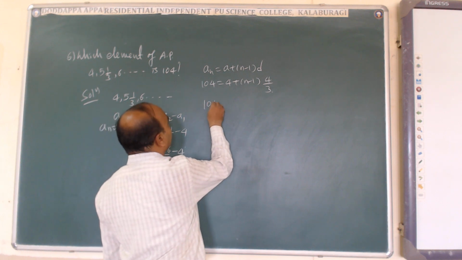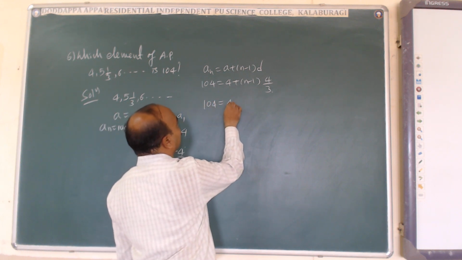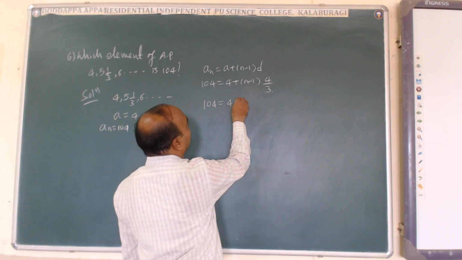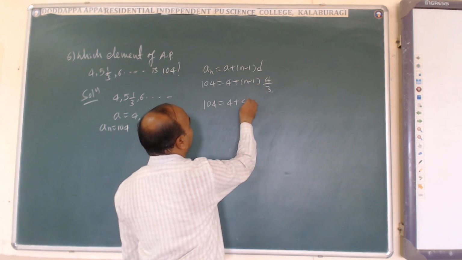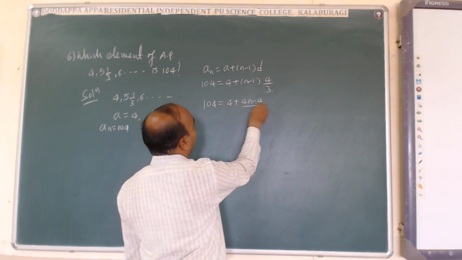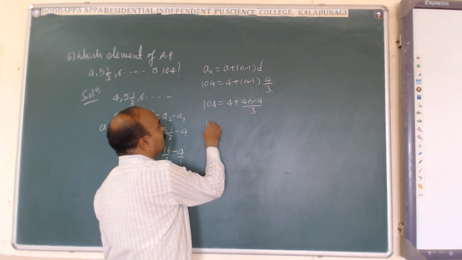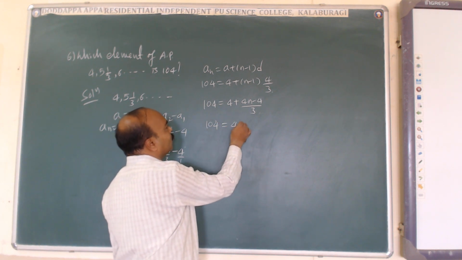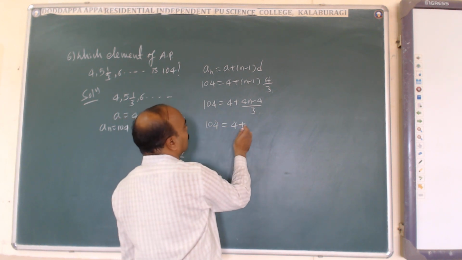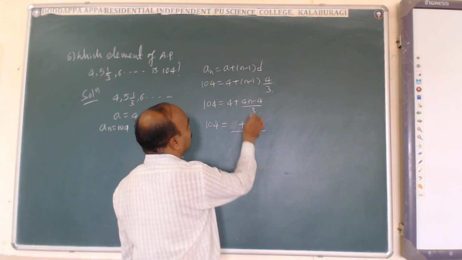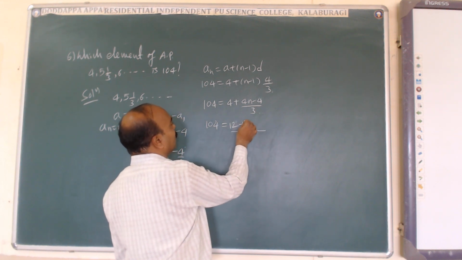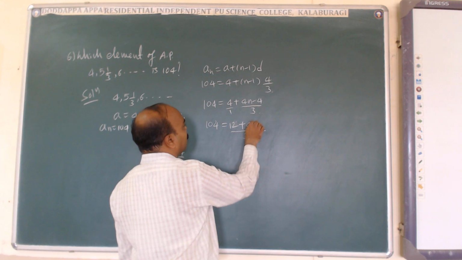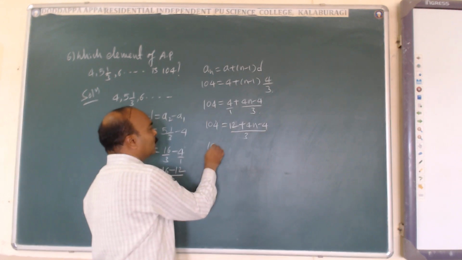Simplifying, 104 equal to 4 plus (4n minus 4) by 3. 104 equal to 4 plus, LCM you take, LCM is 3. It is (12 plus 4n minus 4) by 3.